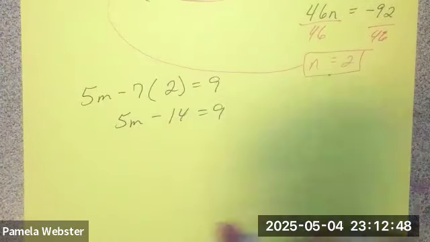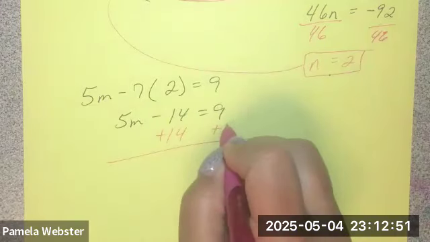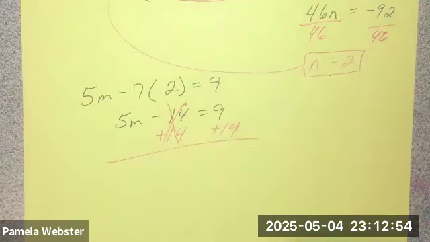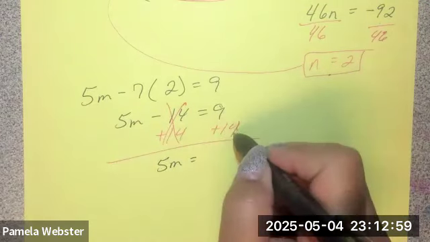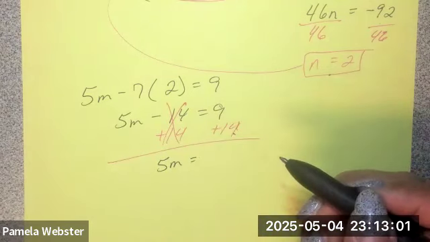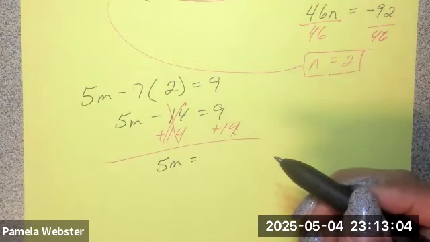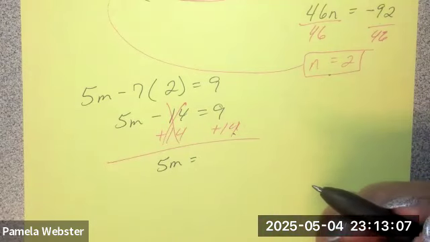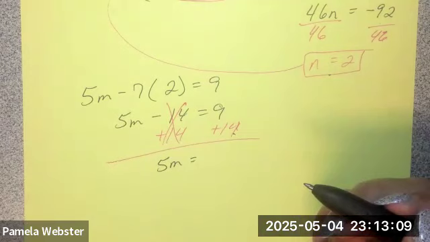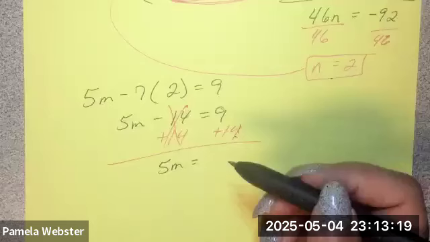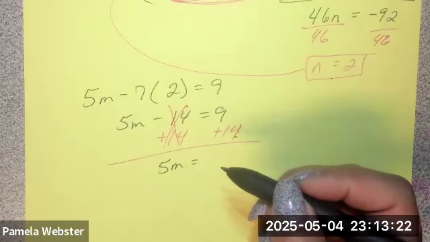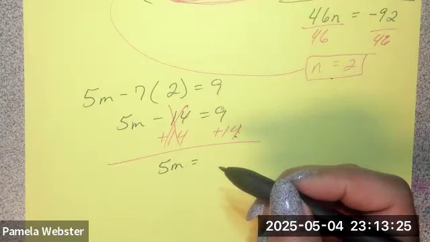I'm going to add the 14 to both sides. 5m equals 9 plus 14. Hang on. I feel like I've got an issue. Hold on. What did I do? Minus 14. 9 plus 14. Hold on. Let me check my math here. Let me see that I did it right.